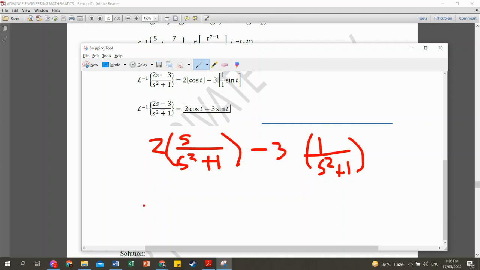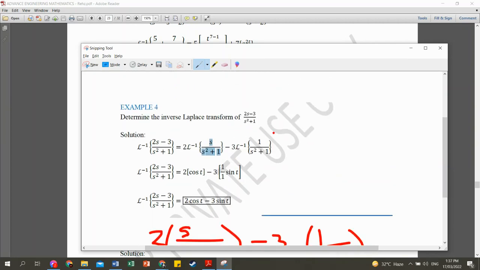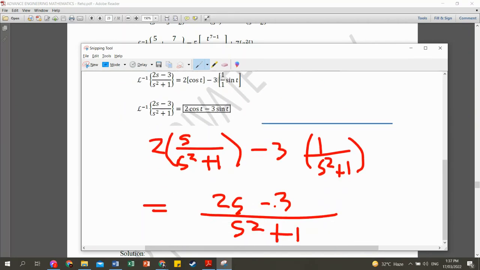Simplifying further by getting the LCD, since they both have the same denominator, the LCD is simply s squared plus 1, and then we simply copy the numerator, so 2s minus 3. That's it. Simple, right? So 2s minus 3 over s squared plus 1. So correct. Okay?